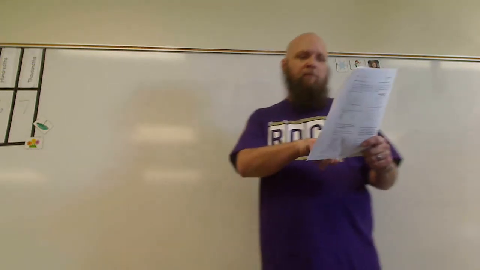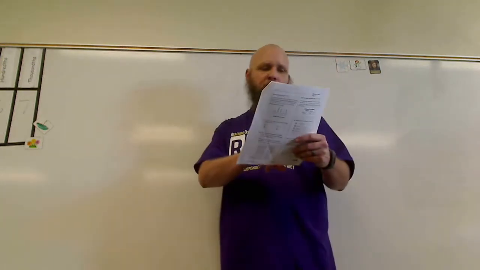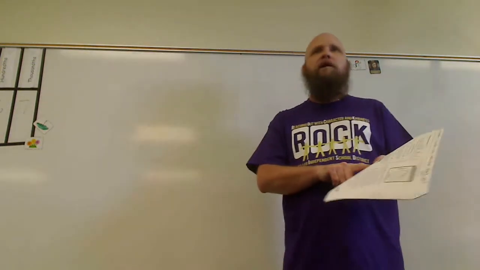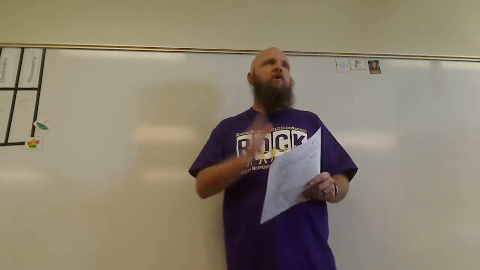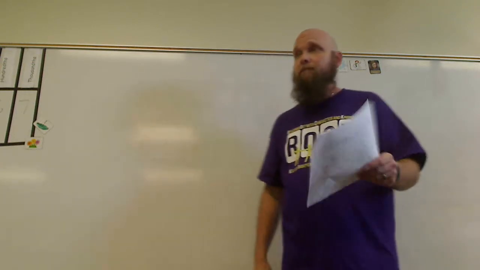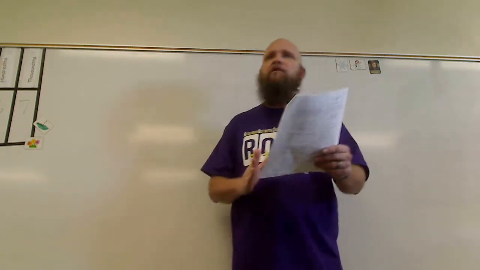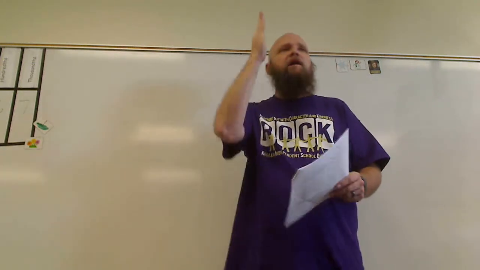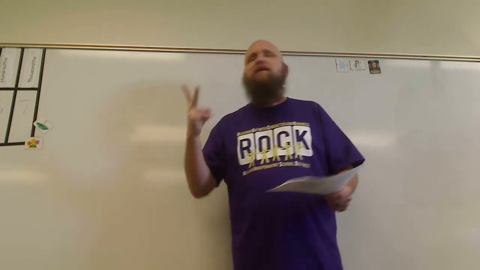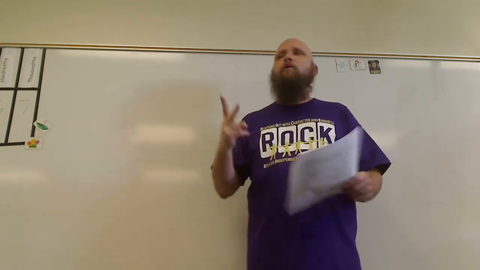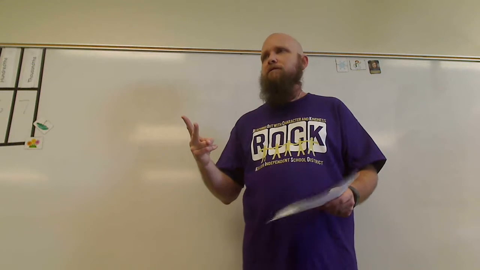So if we look at number of visitors and we go to 200, everybody see where it says number of visitors along the x-axis, and you find 200, right? How many dots are there that are lined up with 200? 2. That means there were 2 days where there were 200 visitors.